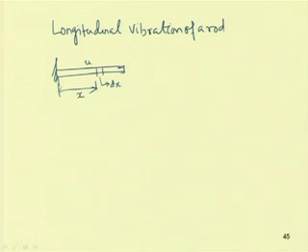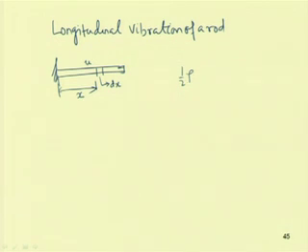So, we can write the kinetic energy of the system. For the small element, the kinetic energy will be equal to half mass into velocity square.